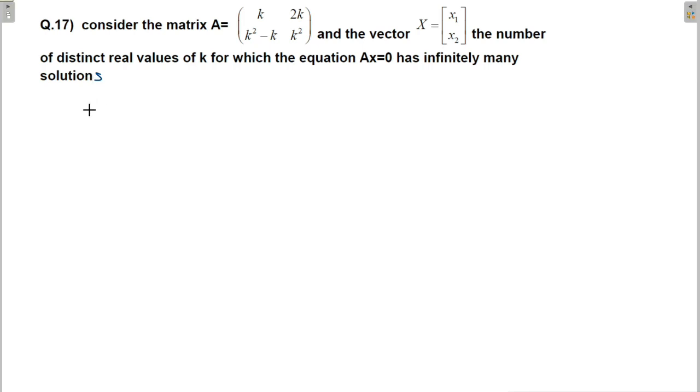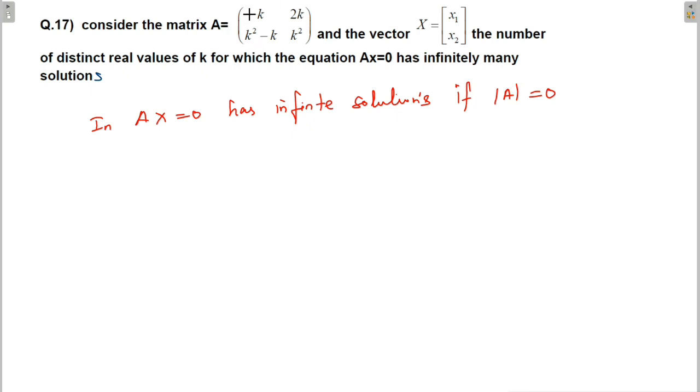So we know that the homogeneous equation has infinite solutions if determinant of A is going to be 0. Then only you may get the system of homogeneous equation with an infinite number of solutions. So for that, try to equate this determinant equal to 0.